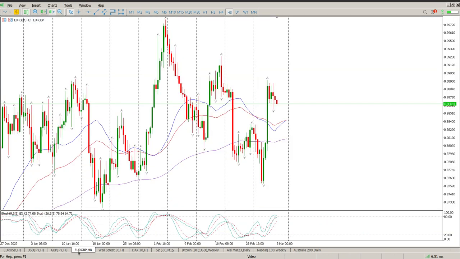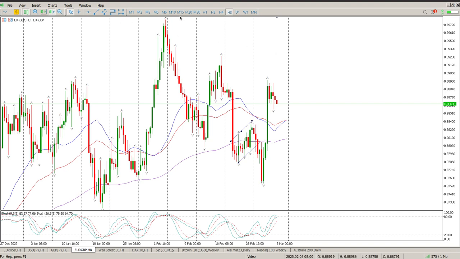So moving on to Euro British Pound. This thing is just insane. So we were looking for a potential move, this flag. So we just go like this. So we had a flag here, a nice juicy flag. It did break, didn't quite get to the measured move, but then the buyers came in and pumped it above the moving averages again.